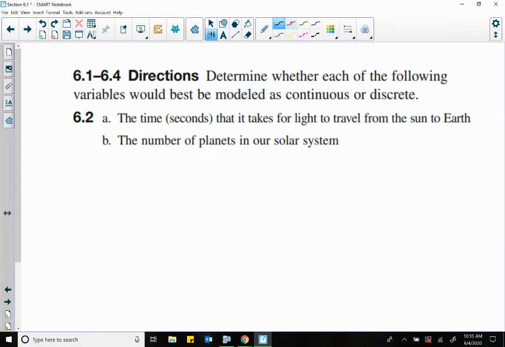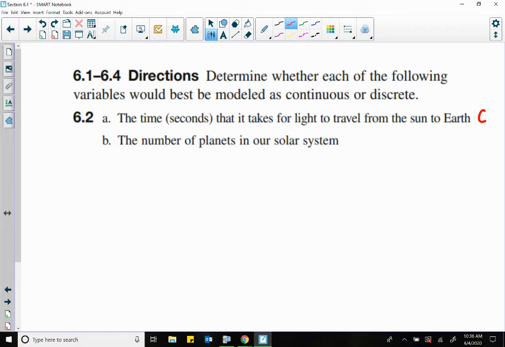Okay, so for the first one, part A, hopefully you said this is continuous. Because light traveling from the sun, it's in seconds, and it's probably pretty fast, but the light is traveling from different places on the sun, which means that each light beam that comes to Earth is going to get here in an amount of time that's over a range.